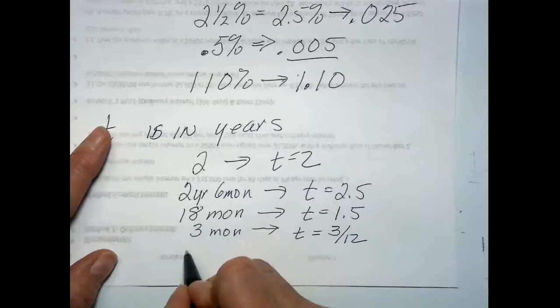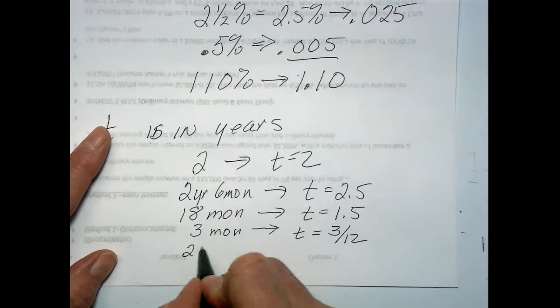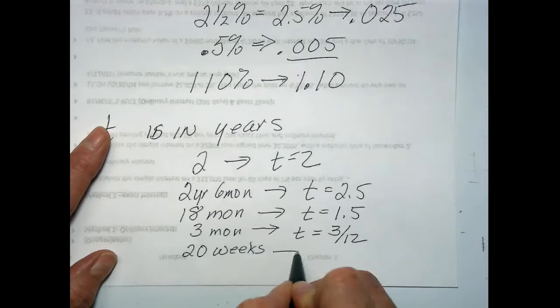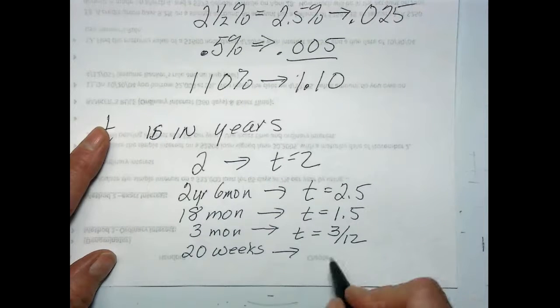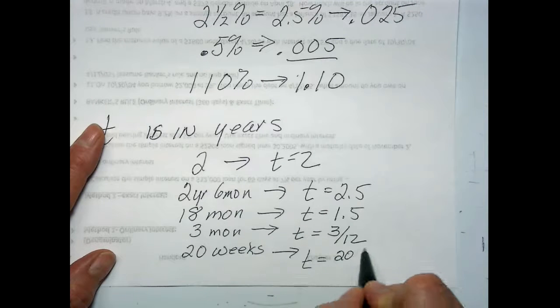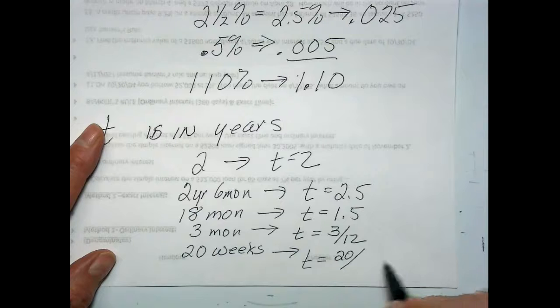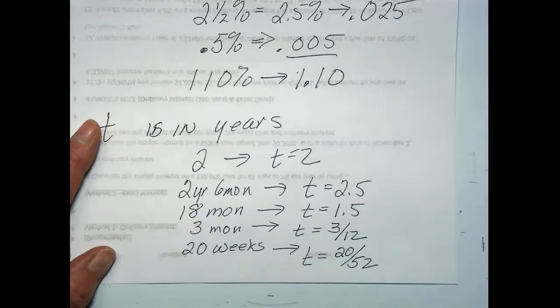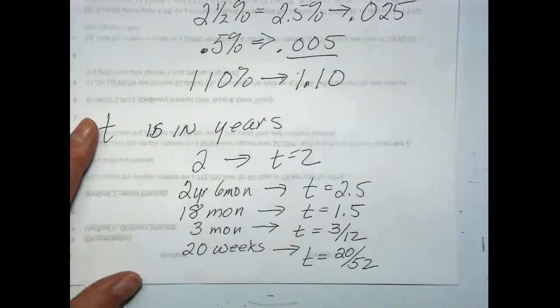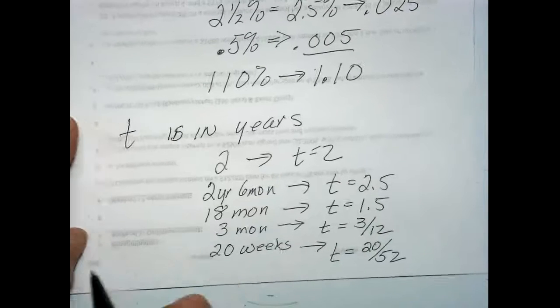If I was given interest for 20 weeks, again, put it in years. T would be 20 divided by 52 weeks in a year. We will discuss in a couple of minutes when we go to days.